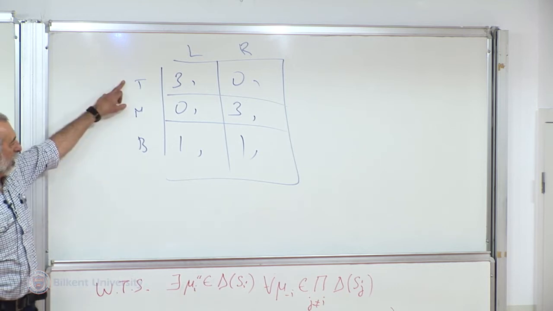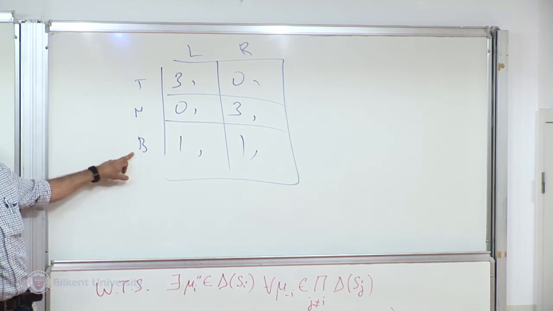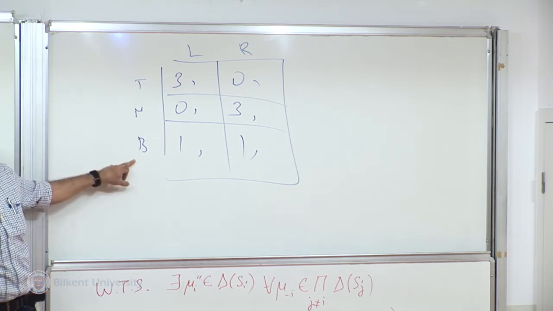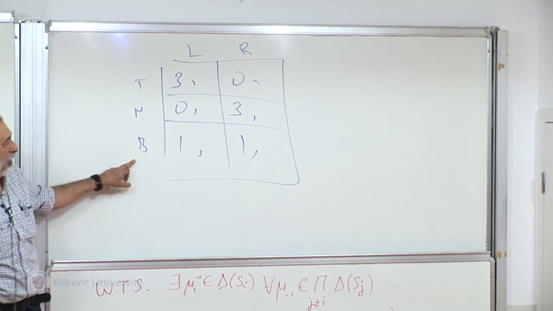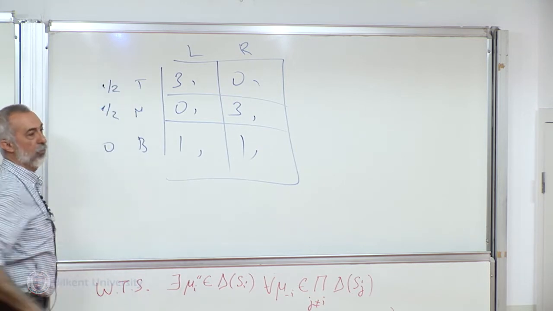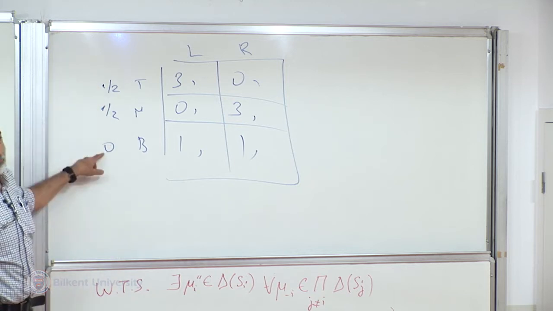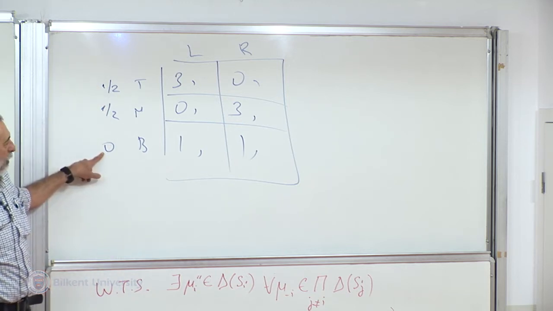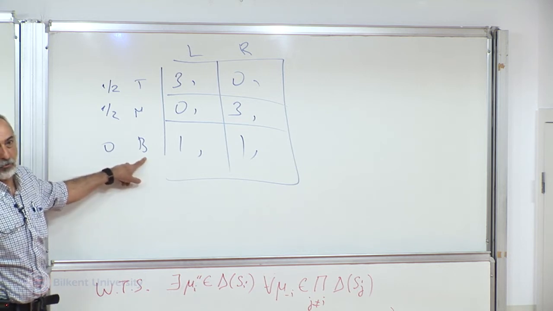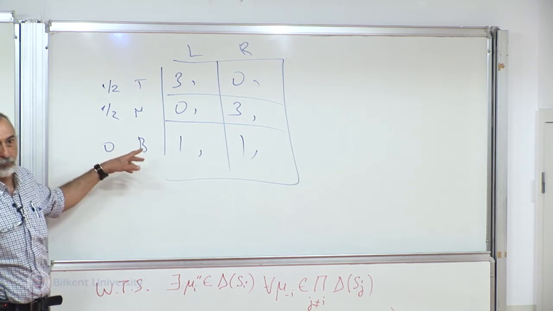So T does not strictly dominate B. It doesn't even dominate B. M does not dominate B, but 1 over 2, 1 over 2, 0, this mixed strategy profile strictly dominates the pure strategy B. Do you all see it?